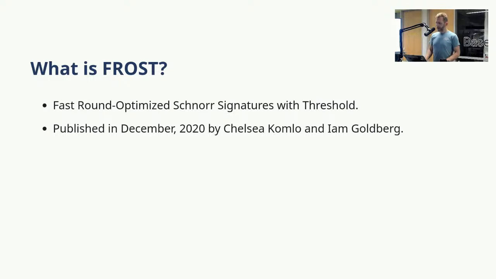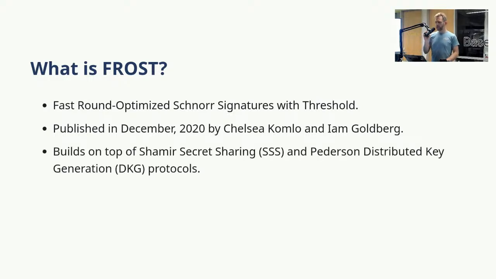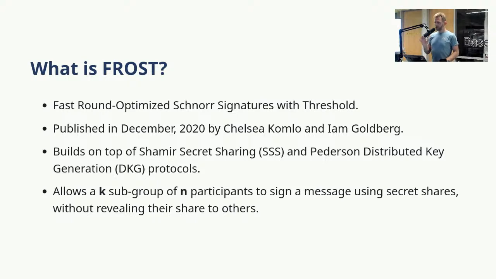What Frost does is it builds on top of two other protocols that existed beforehand. One of these protocols is called Shamir secret sharing, which we'll get into. Also, Pedersen distributed key generation. These are two very important things that make Frost so valuable. This is just a very brief overview.